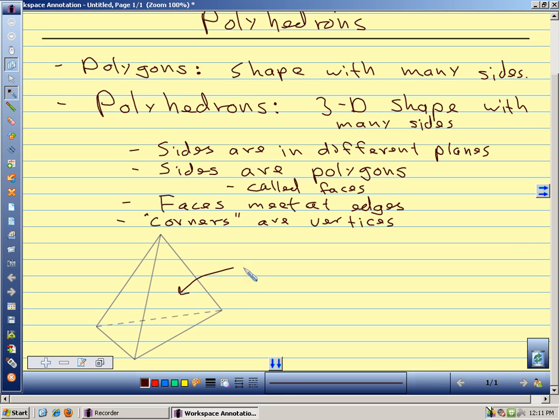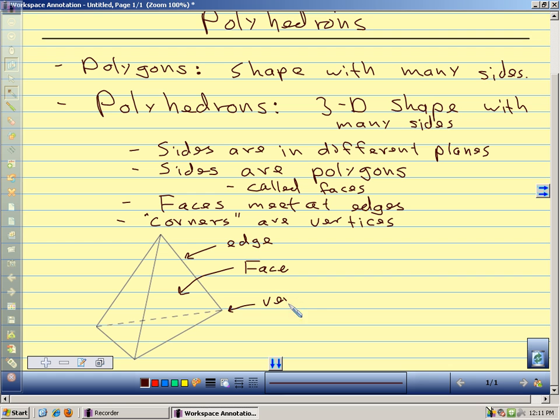The triangles are faces. This is an edge. And the corner is a vertex. So there's an example of a polyhedron. And we'll get into more specific polyhedrons a little later in the unit, and we'll figure out how to find the surface area and volume of our different polyhedrons.